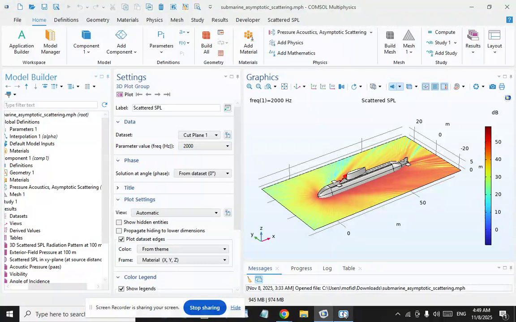And the fourth one is scattering equations. Derive the scattering equations based on the chosen model. These equations describe how incident sound waves interact with the surface and generate scattered waves. For the Kirchhoff approximation, the scattered field can be expressed as follows in the next section.